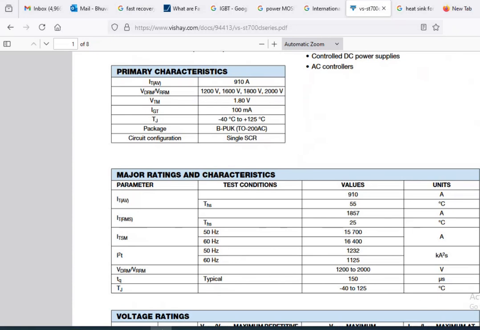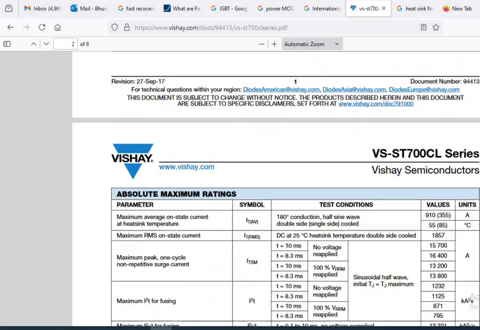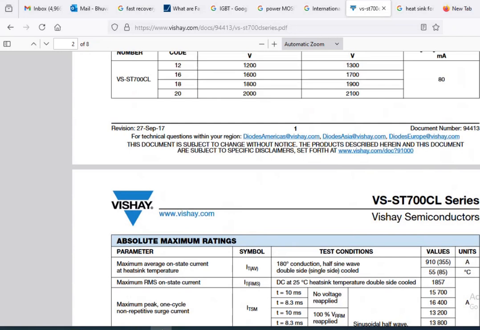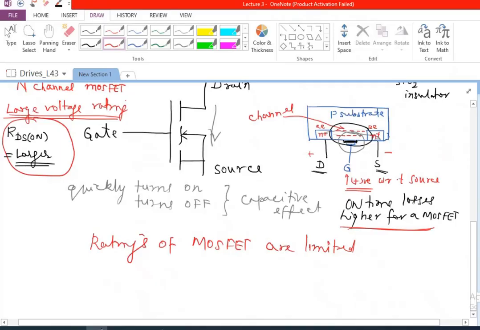So you would be able to read the data sheet by looking at what all are the voltage ratings and current ratings given, and correspondingly, you would be choosing a particular thyristor for your application. So I was thinking I should just show you at least the kind of data sheet that is available so that you know how to read a data sheet. That is important.